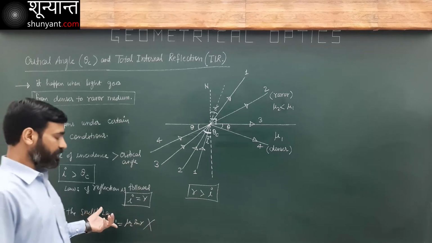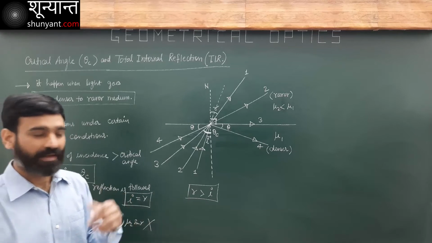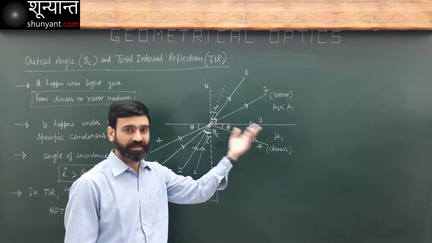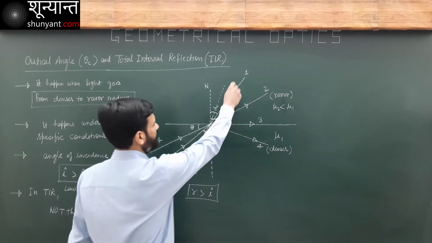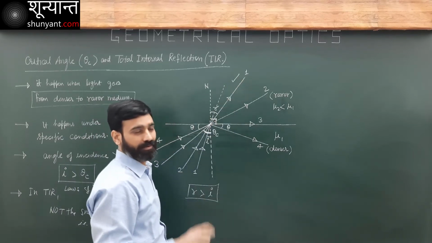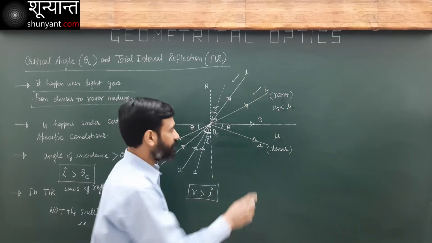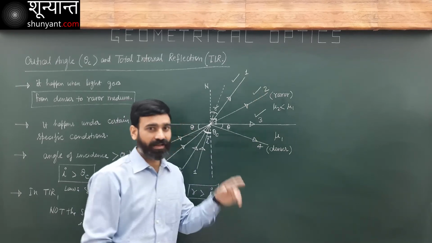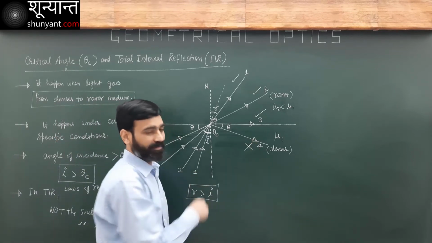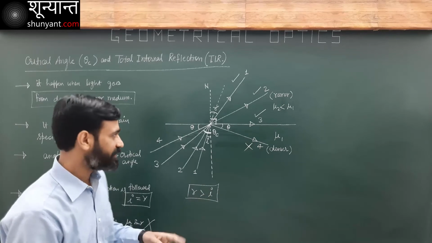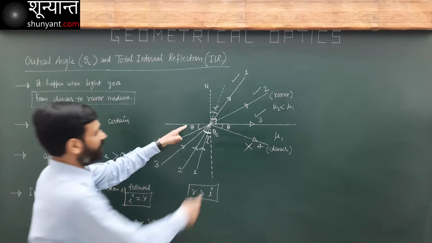Snell's law is applicable as long as there is refraction, as long as the light enters into the second medium. So Snell's law will be applicable for the first light, the second light, and the third light, because this also is refraction. But here Snell's law is not applicable. What is applicable? Laws of reflection. That means these two angles are going to be the same.